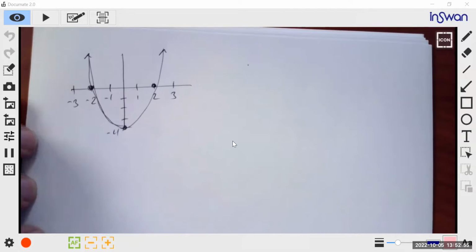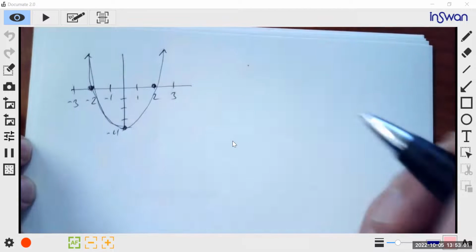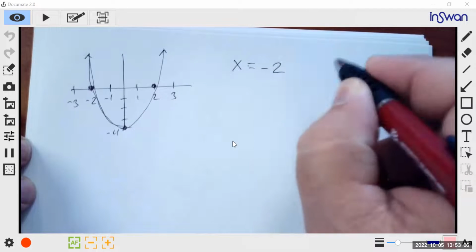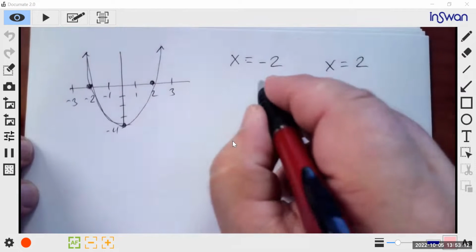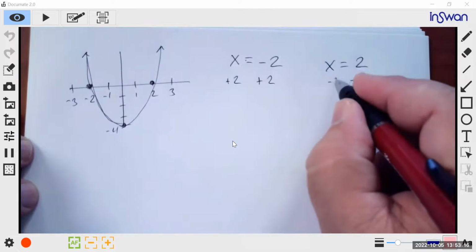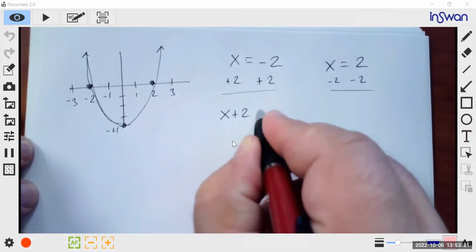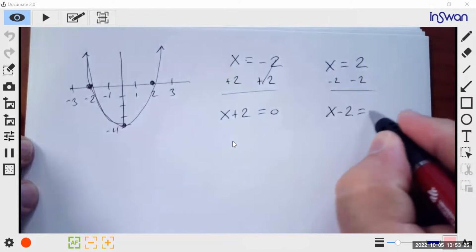Where do we start? What do we know right now about the graph? What are the x-intercepts? We know that. So when we set them equal to 0, we have to add 2 here. We subtract 2 here. X plus 2 equals 0. X minus 2 equals 0.